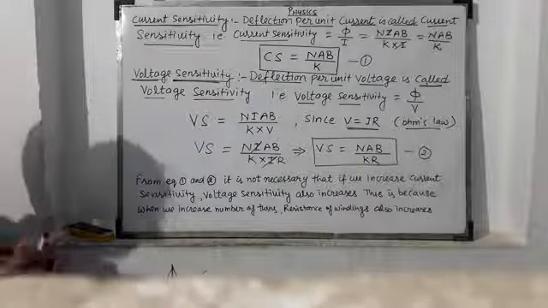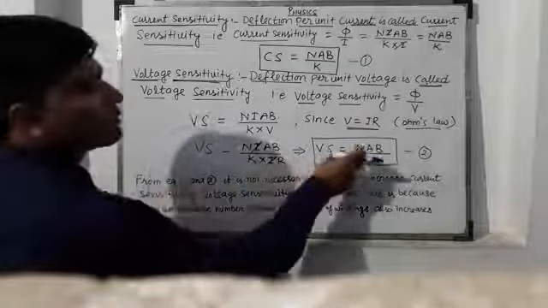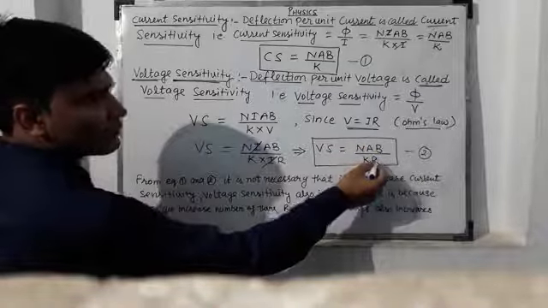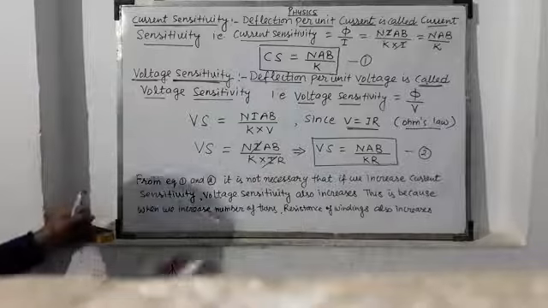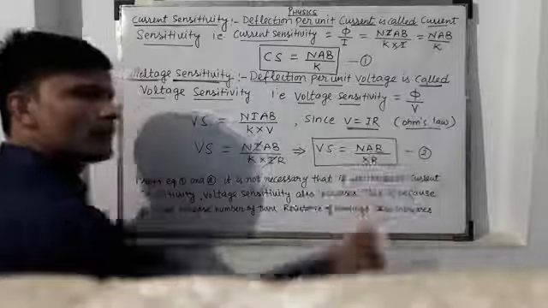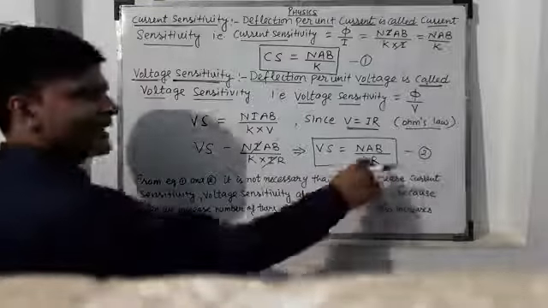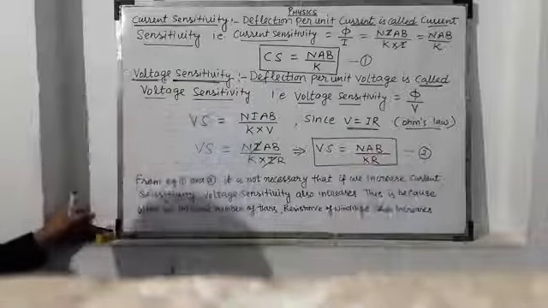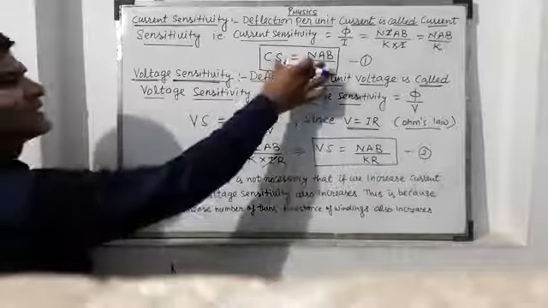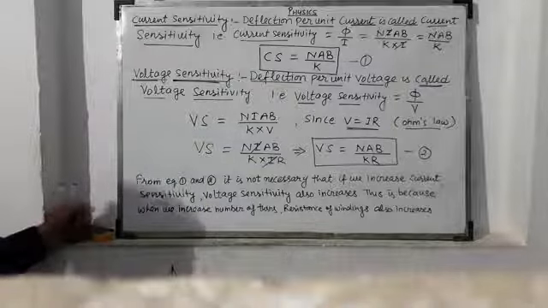In voltage sensitivity, we have one extra variable, R, as compared to current sensitivity.